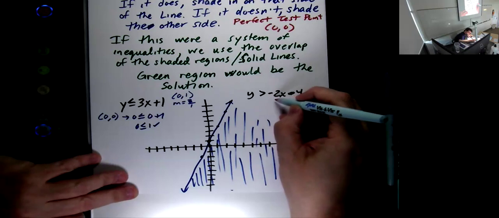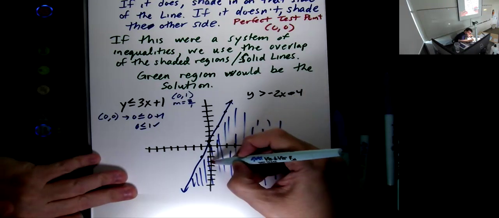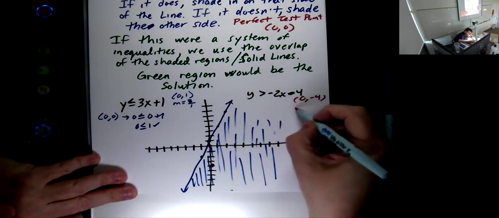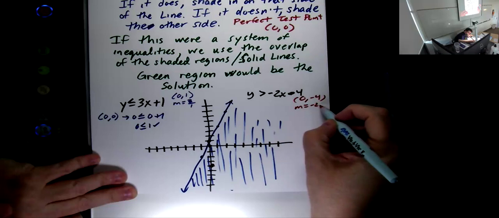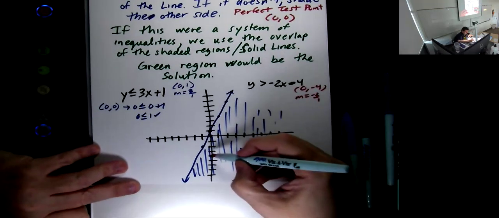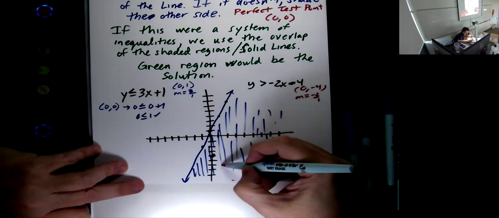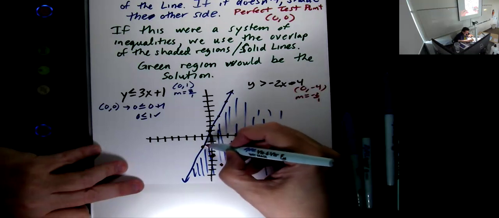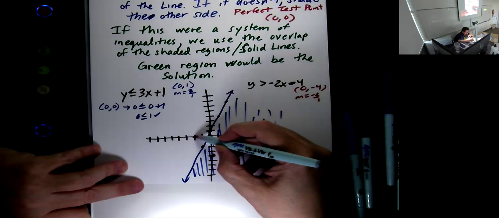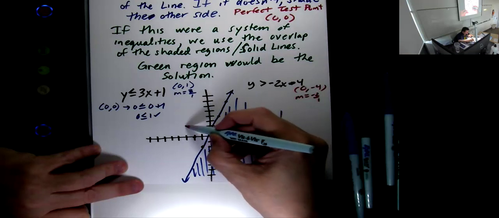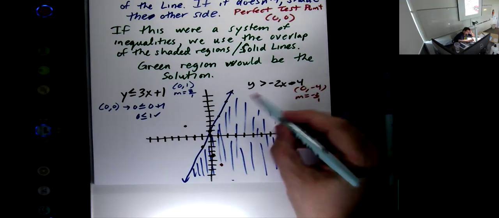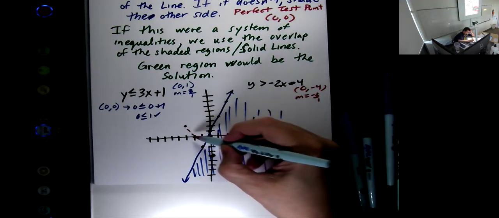If I graph this one, negative 2x minus 4, 1, 2, 3, 4, and m equals negative 2/1. So I can either go down 2/1 that way, or I can go up 2/1 this way. And since it's got no equal sign, we're just going to do dashes.